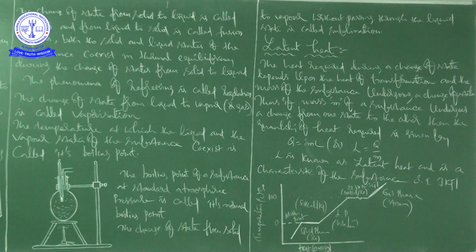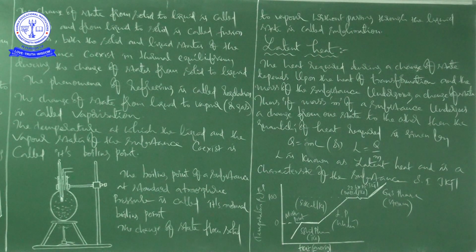The important point we have to notice here is, unless all the ice cubes become water, there will be no increase in the temperature from 0 degrees centigrade. Once all the ice cubes convert into water, then the temperature starts to increase from 0 degrees centigrade to some other value.